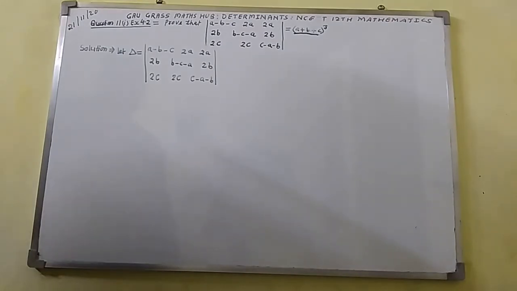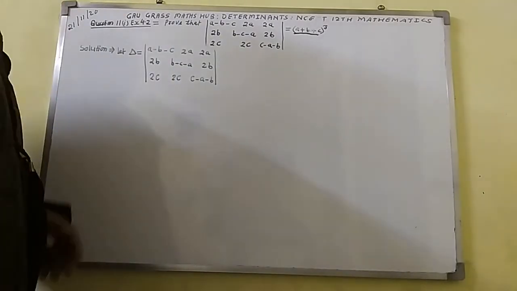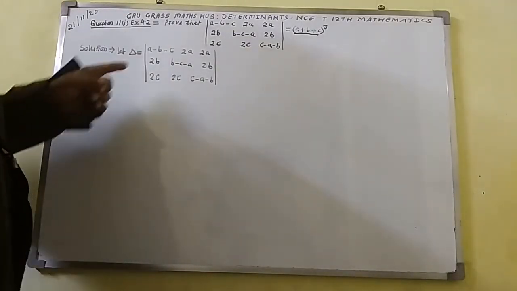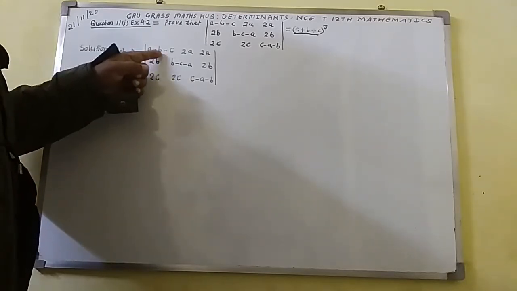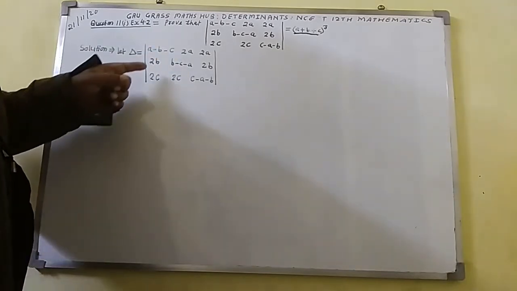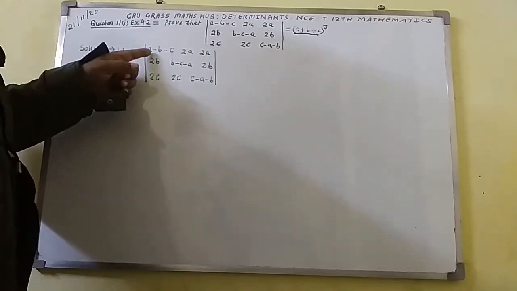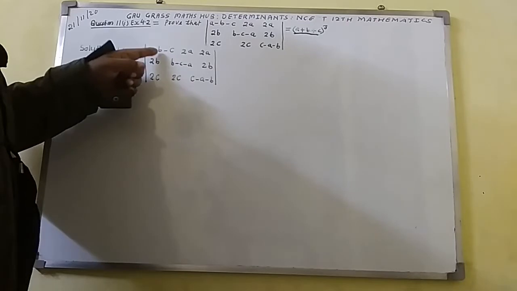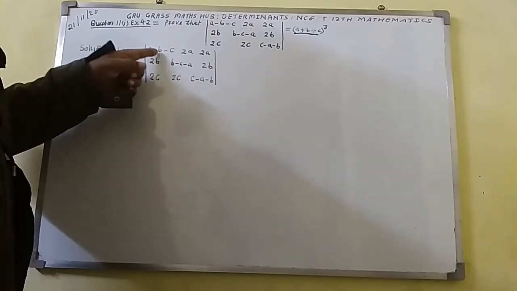So what property am I going to use here? Just consider the things given in the determinant. Here you can see the first element is a minus b minus c. If you add 2b to it, minus b will be added to plus 2b and you will get plus b.